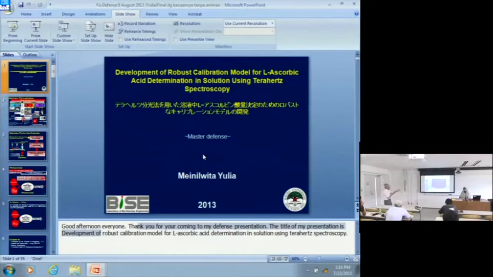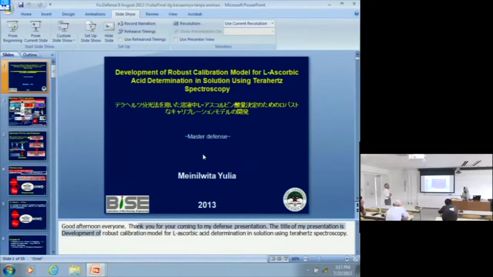Do you have any comments about the word robust? How did you use robust? Yes. As far as I know, robust in my study means that the calibration model I developed can compensate for any kind of disturbance, like temperature variation or other interference in complex solutions like glucose and so on.